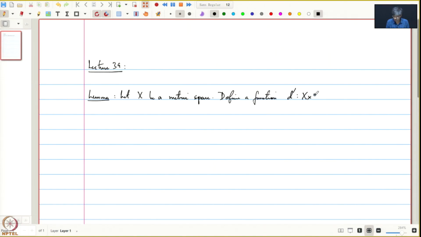So we want to change the metric on X as follows: d prime of x comma y is equal to the minimum of d of x comma y comma 1. Here d is the metric on X.